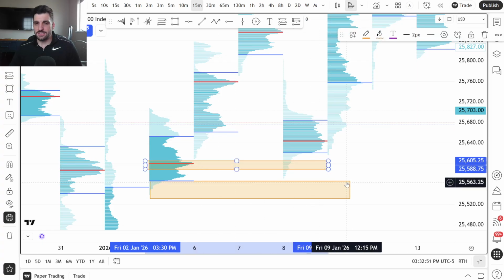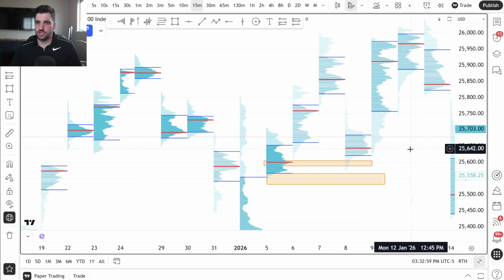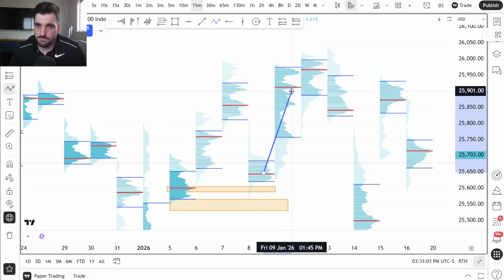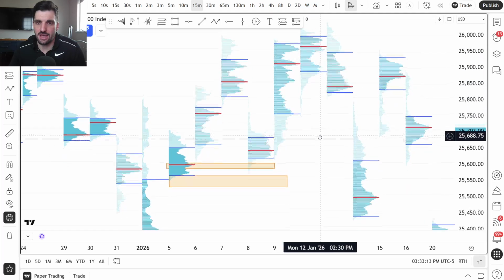So we see the defense here of the point of control or the discount levels, all right? And then the market continues to shift up, all right? Then we have another shift up in value, a shift up in value, and now we see the first shift down in value, okay? The first shift down in value.